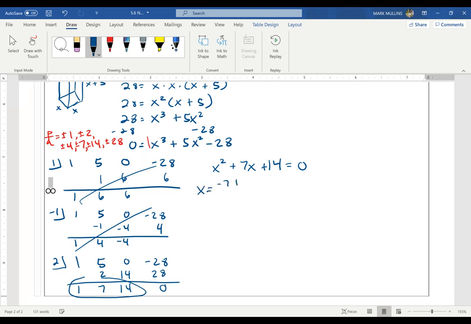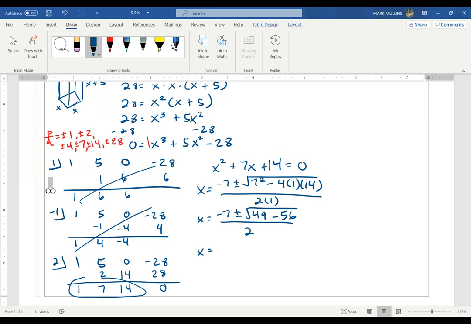So x equals negative 7 plus or minus the square root of 7 squared minus 4 times 1 times 14 all over 2 times 1. So x is negative 7 plus or minus the square root of 49 minus 4 times 14, which is 56, all over 2. And 49 minus 56 is negative 7.